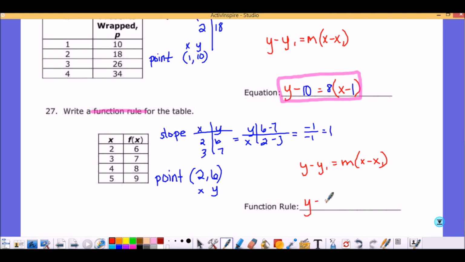Y minus, and my y1 is 6, and then equals my slope, which is 1, and then x minus, and my x1 is 2. So my function rule is y minus 6 equals 1 times the quantity of x minus 2.